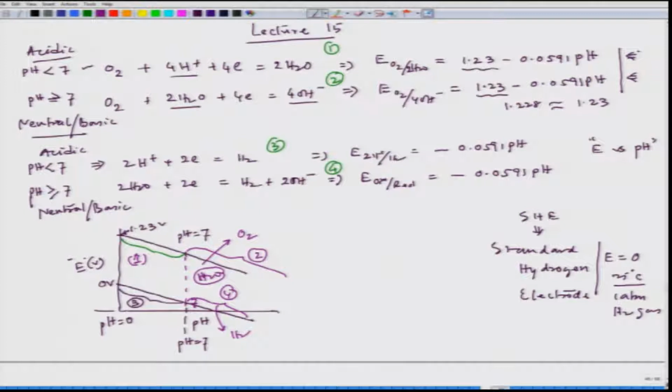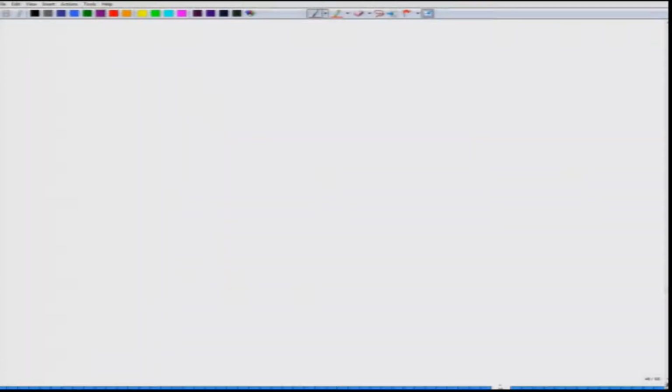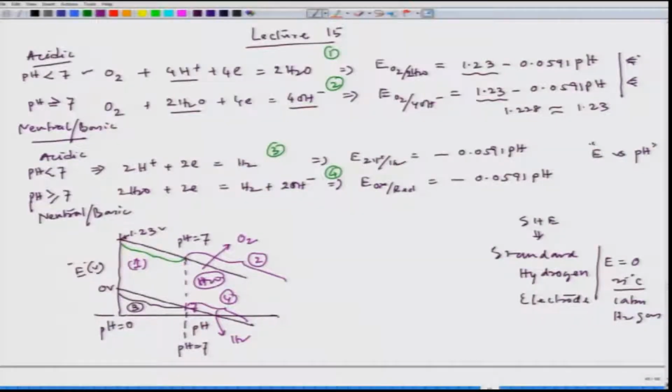Now, if I continue our discussion on the same line, we see that even if it is not involving pure metal and it involves water, hydrogen ion as well as oxygen, then also we get a standard reduction potential.